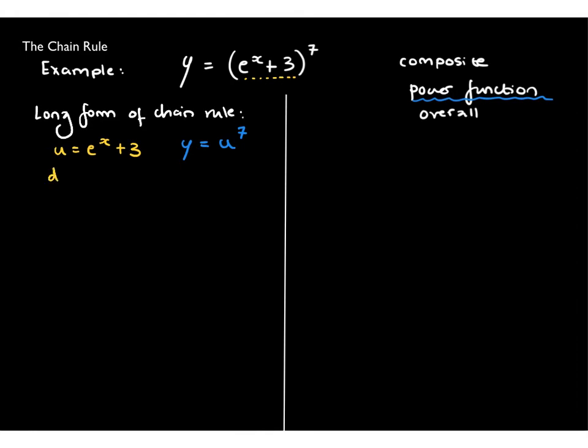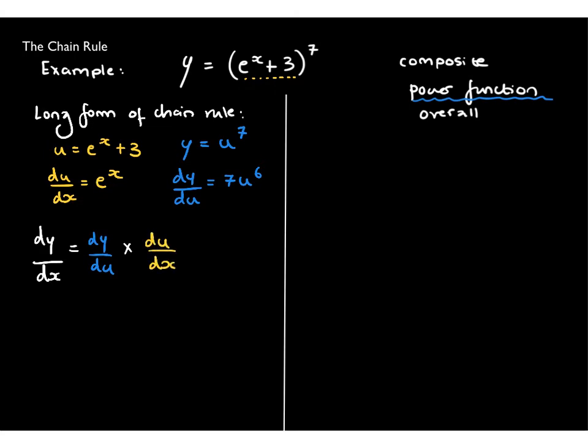du by dx is then equal to e to the x, 3 differentiates to 0, and dy by du is 7u to the power of 6. Now, don't forget the format of the chain rule. dy by dx is equal to dy by du multiplied by du by dx.